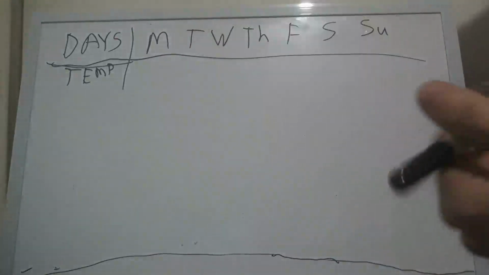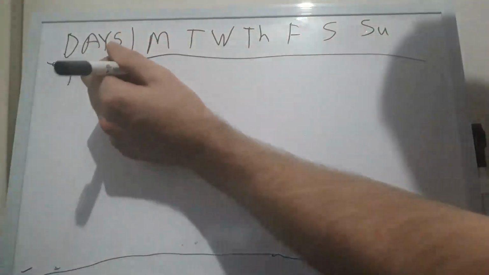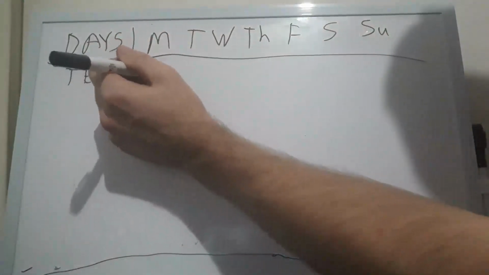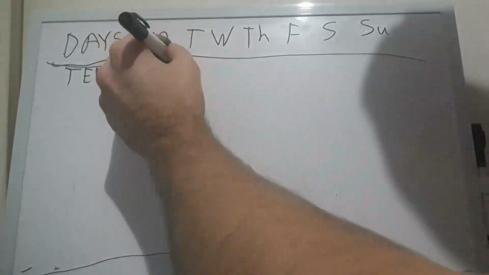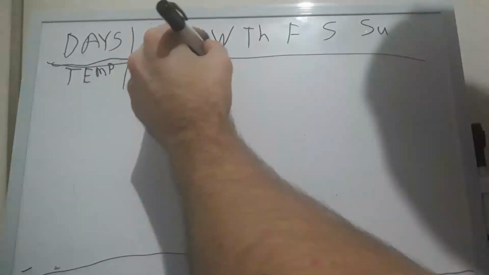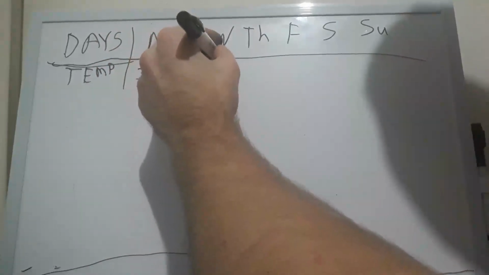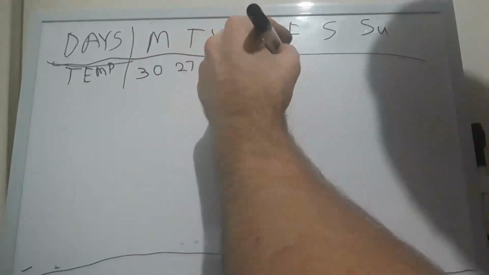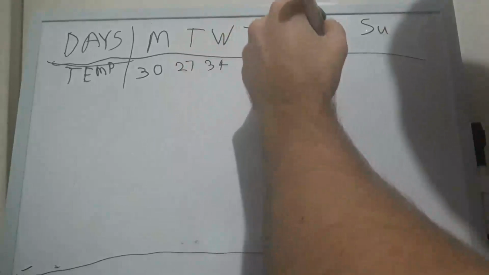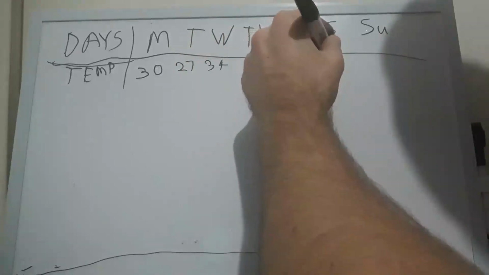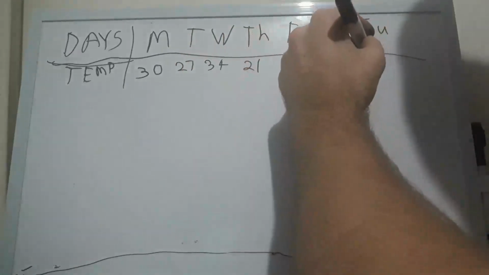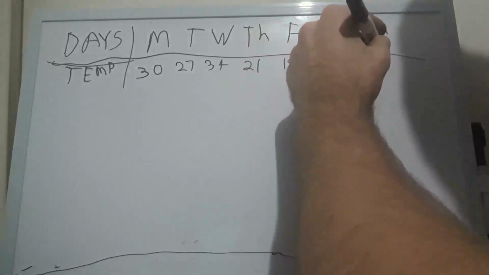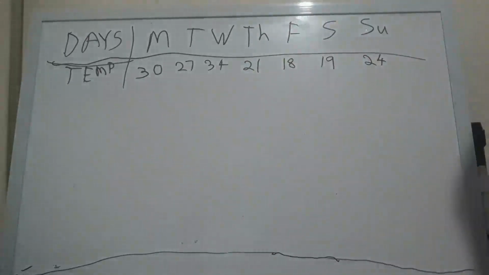And let's say that we're looking at a maximum temperature. So let's say that here we had a maximum of 30, 27, 34, cooling down 21, and 18, then 19, and perhaps a maximum of 24. Perhaps not too unrealistic for what Melbourne weather can be like.